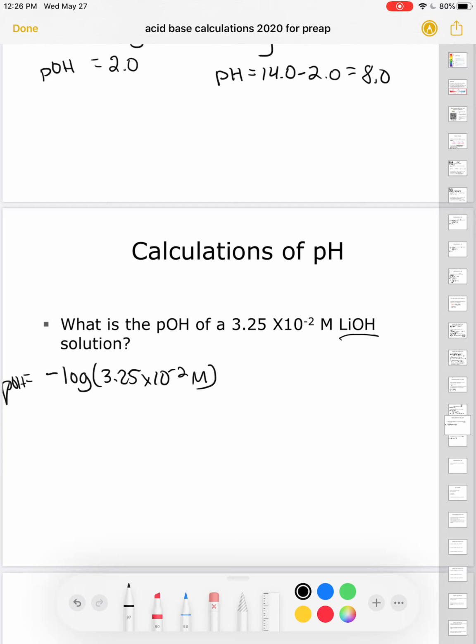And that gets me 1.49. That's my pOH. So if I want my pH of this, pH equals 14 minus pOH. So that'd be 12.51. And just give it as many decimal places as what you had there.